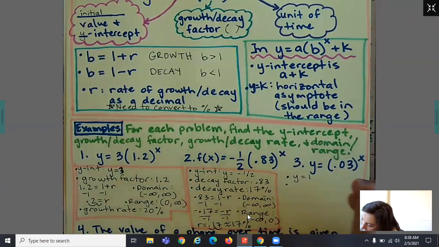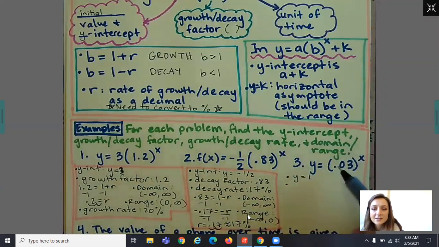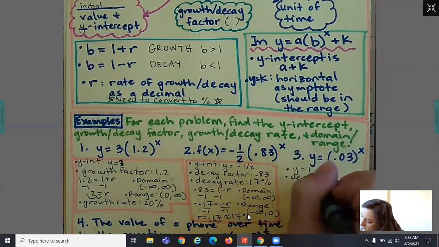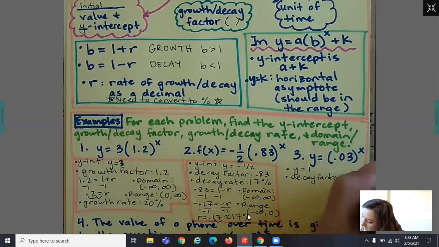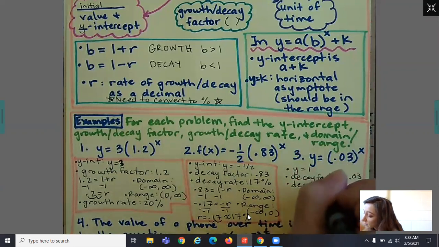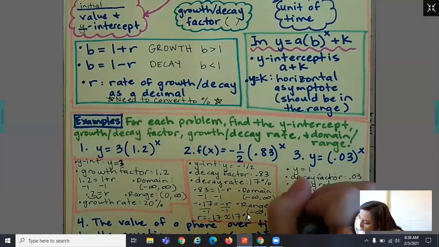Then we're going to look at our growth factor or decay factor. This is less than 1, so this is going to be a decay factor, and this is going to be 0.03. Then we're going to look at the decay rate, which is actually the same thing as just switching these two values right here.